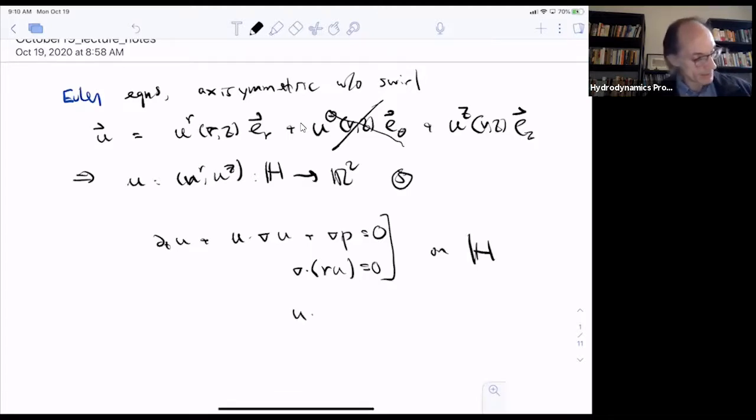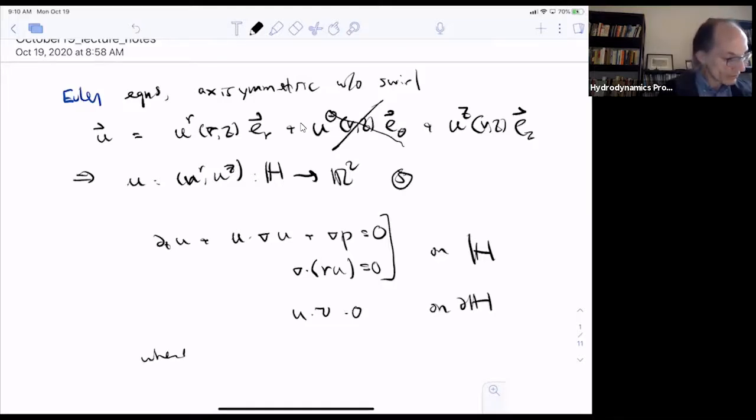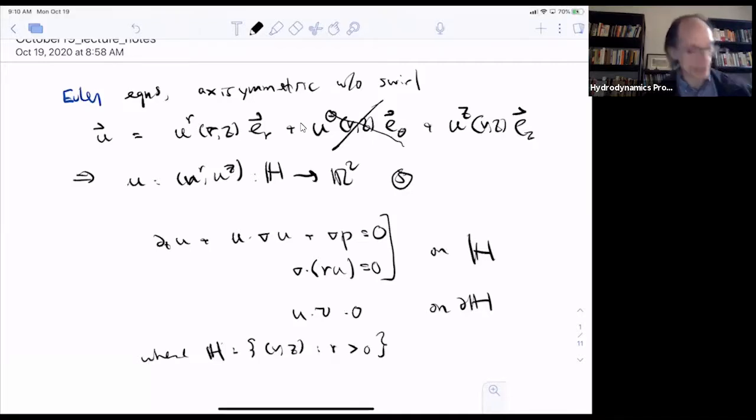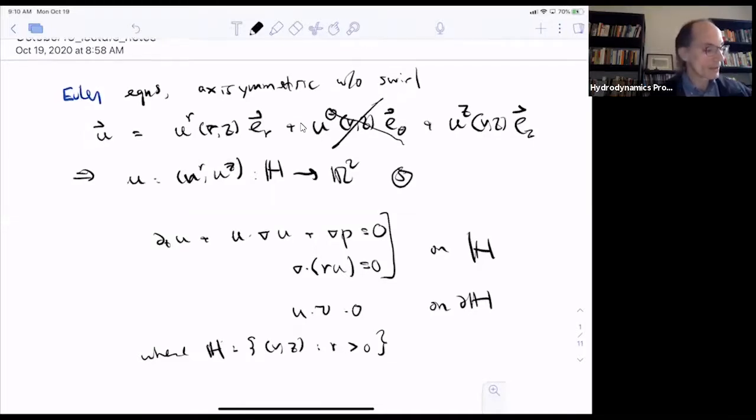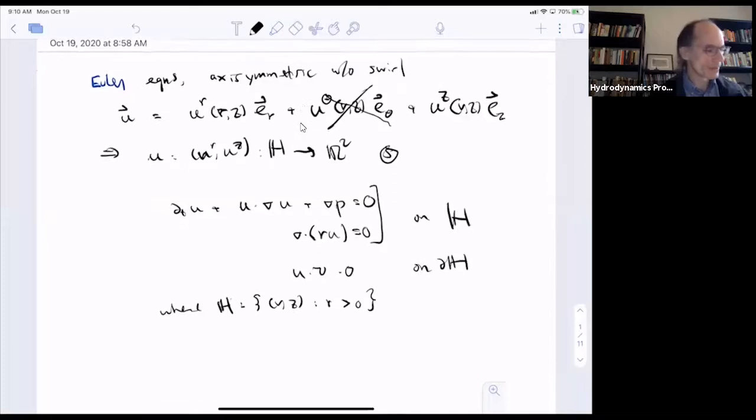And the normal component vanishes on the boundary of H. H is the half plane, the natural domain for the coordinates we're interested in. And so we started looking at basic properties of this equation.